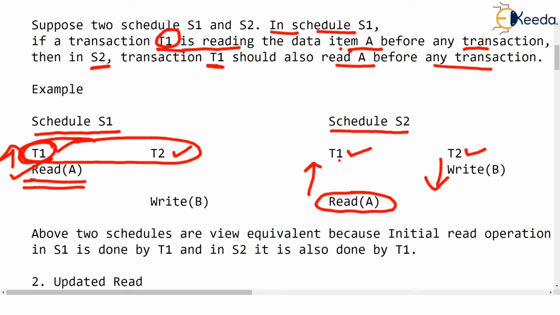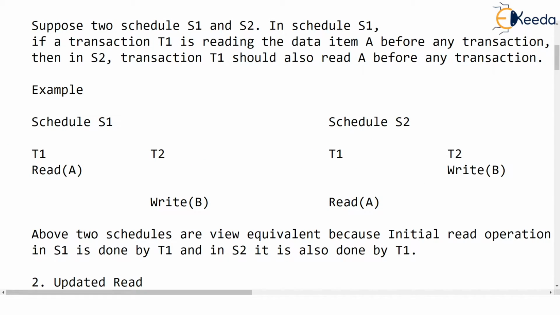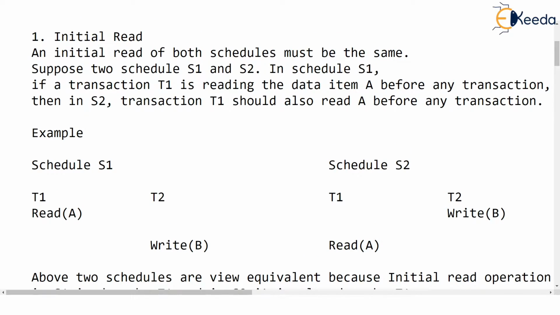Initial read of A is done by T1 in this schedule, and initial read of A is done again by T1 in this schedule. So the initial read condition is that if T1 reads data A before any other transaction in schedule S1, then only T1 should read data item A before any transaction in schedule S2 also.